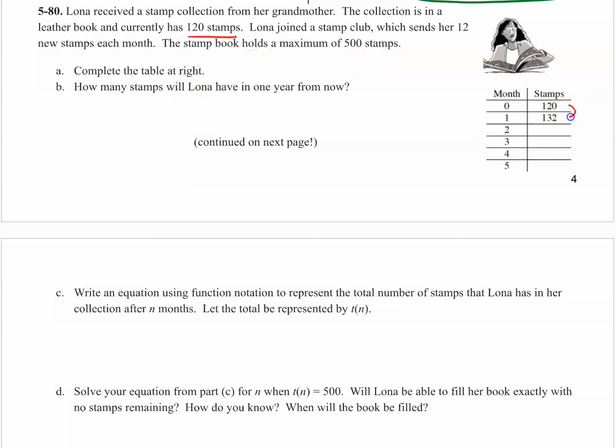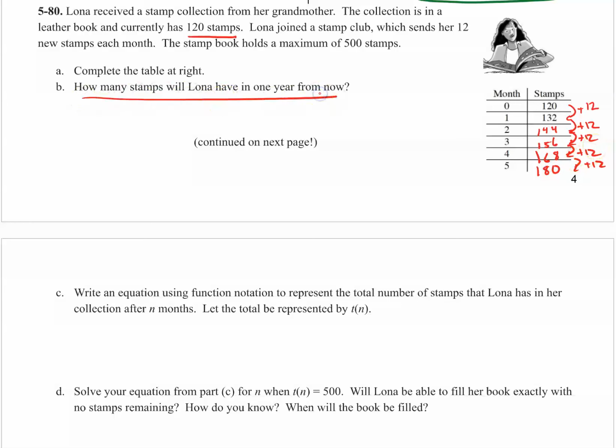So you can see they already added 12 for the first month, but next month she'll get 12 more, and she'll have 144. The month after that, she'll get 12 more, and she'll go up to 156, plus 12, plus 12, plus 12. So basically it's a sequence, and the common difference is 12.